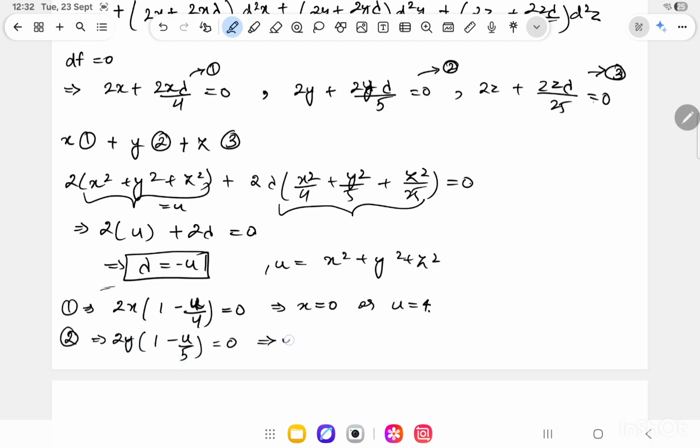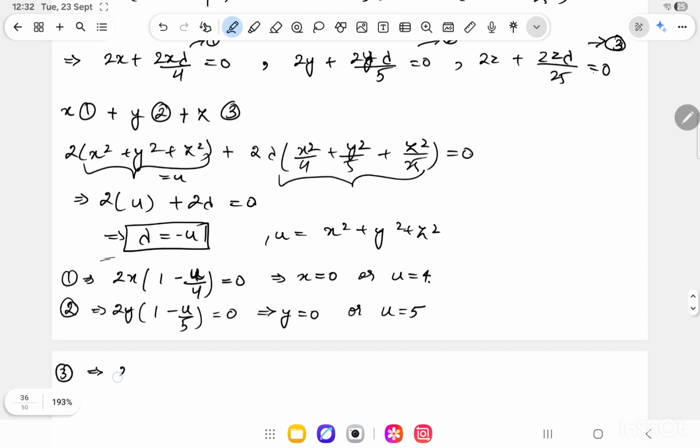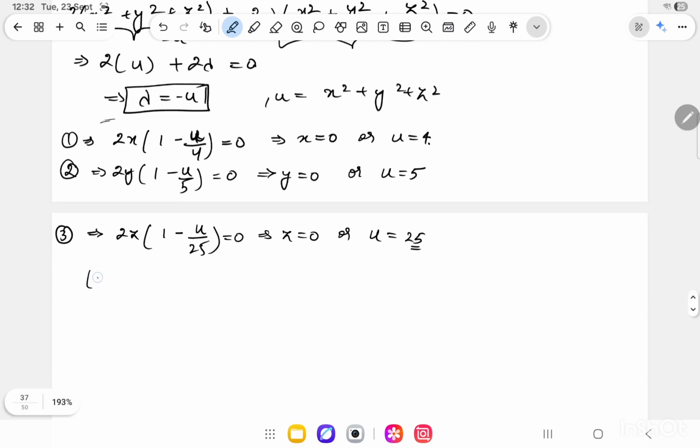So from here either my y is equal to 0 or my u is equal to 5. Likewise, in equation 3, I'll be left with 2z into (1 - u/25) = 0. So from here my z is equal to 0 or my u is equal to 25. So we have this point (x, y, z) equal to (0, 0, 0), or you can take the value of u as 4, 5 or 25.